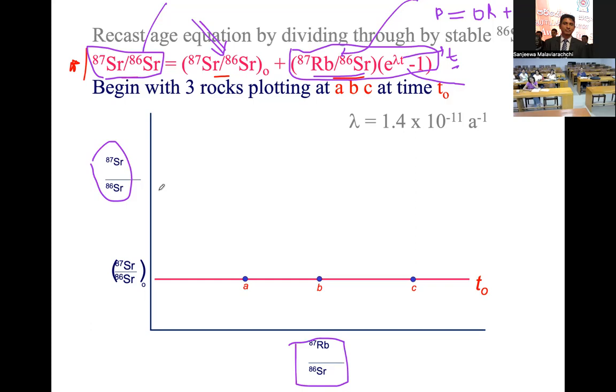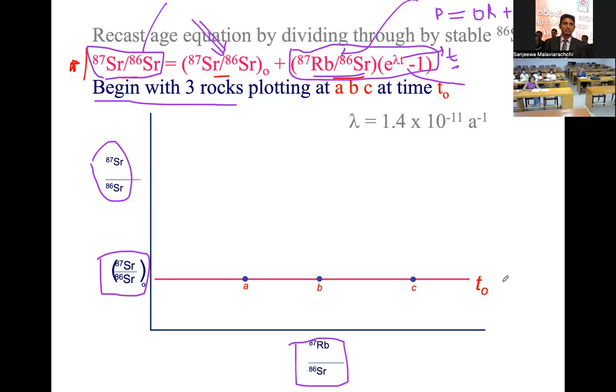Okay. So at the beginning, we are beginning with three rocks. Beginning with three rocks means you have to assume that this is coming from a cogenetic suite. That means all these rocks are coming from one single source, so the initial ratio of this strontium must be constant, the same for all three rocks, A, B, and C, at the initial time, that is T naught here, as shown.